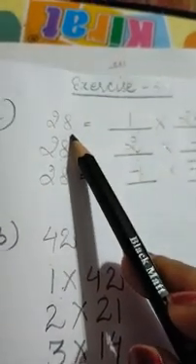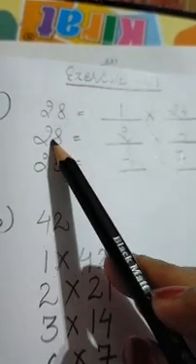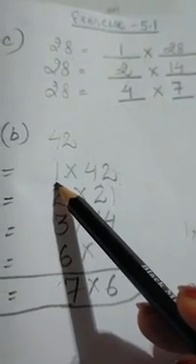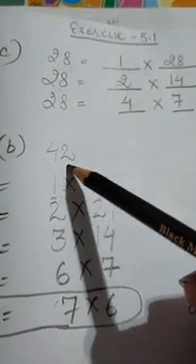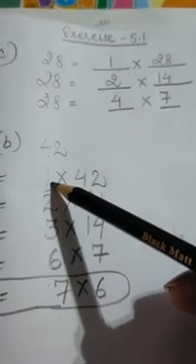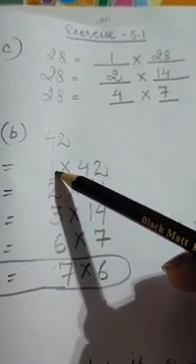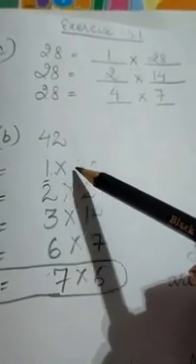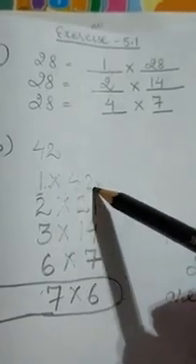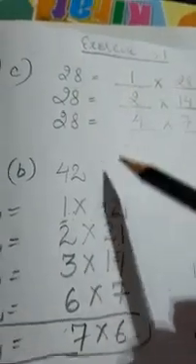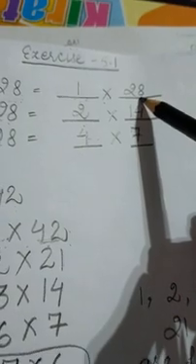Here you can see, students, whenever we found the factors of 28, 1 is also there, and when we wrote the factors of 42, again 1 is there. So we can say that every number has 1 as a factor. Every number is a factor of itself. Here you can see 42 is also there; 42's factor is 42, and 28's factor is 28.